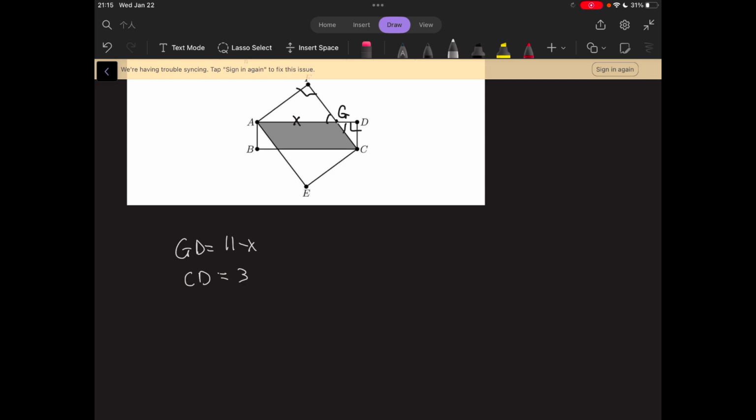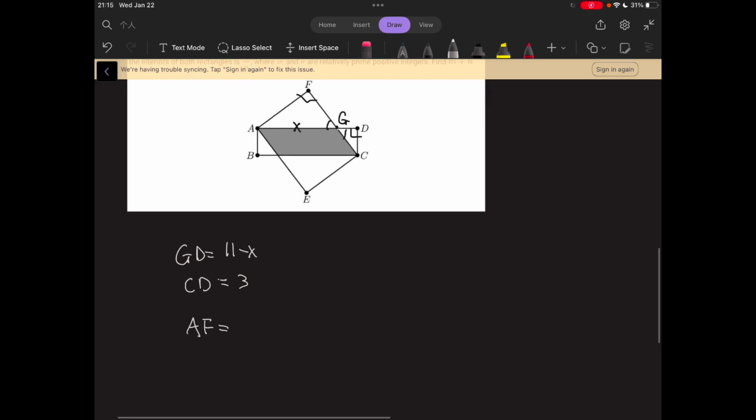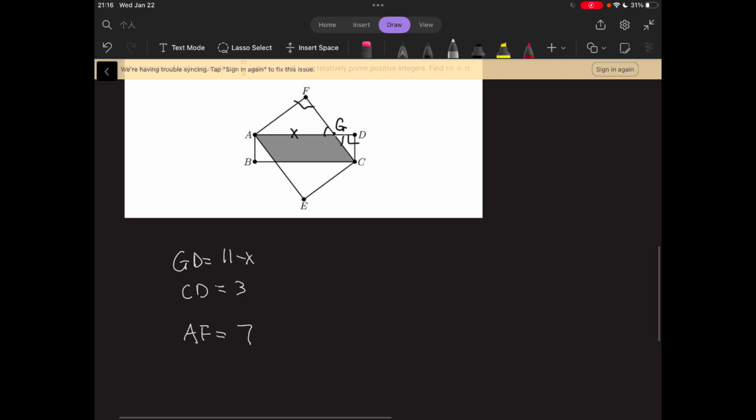Do we know the similarity ratio? Yes, we do, because we know AF. AF is 7. CD over AF, which is the similarity ratio between the 2 triangles as they are corresponding lines. So they are 3 over 7, which is the similarity ratio.